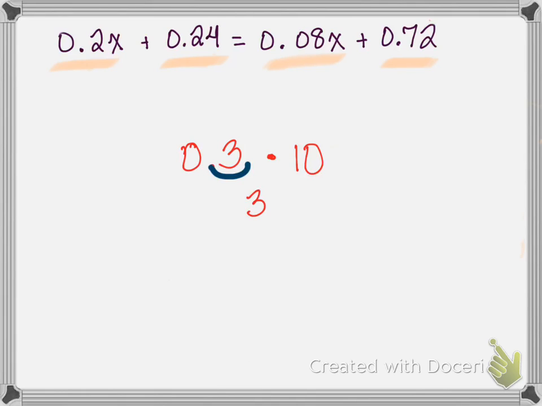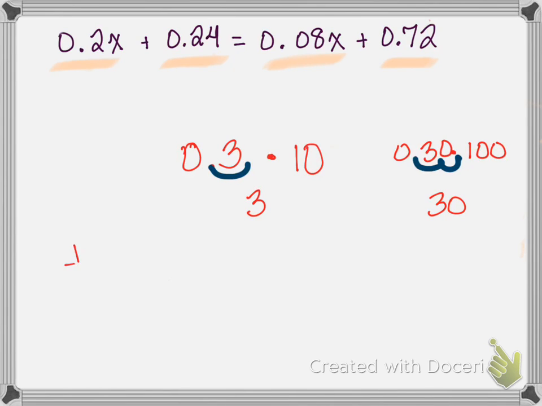What happens if I've got 3/10 and I multiply that times 100? I make it 30. So I move my decimal twice, and I don't have anything here, so I have to put a 0. So 3/10 times 100 gives me 30.